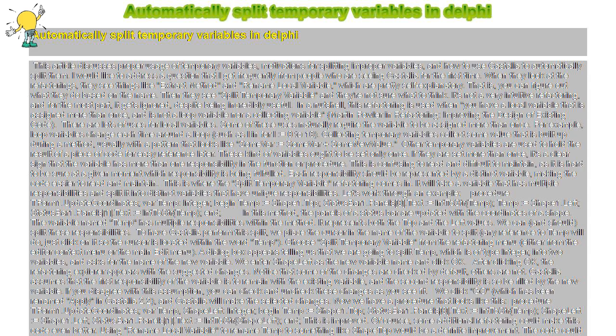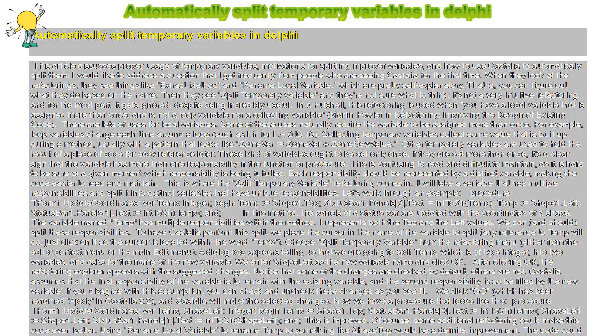If they are set more than once, it's a clear sign that the variable has more than one responsibility in the function or procedure. This is confusing to read and difficult to maintain, as it is hard to be sure at a given moment which responsibility is being fulfilled.